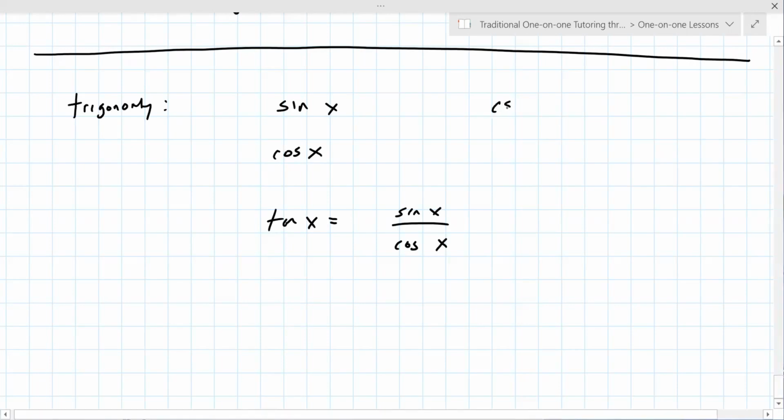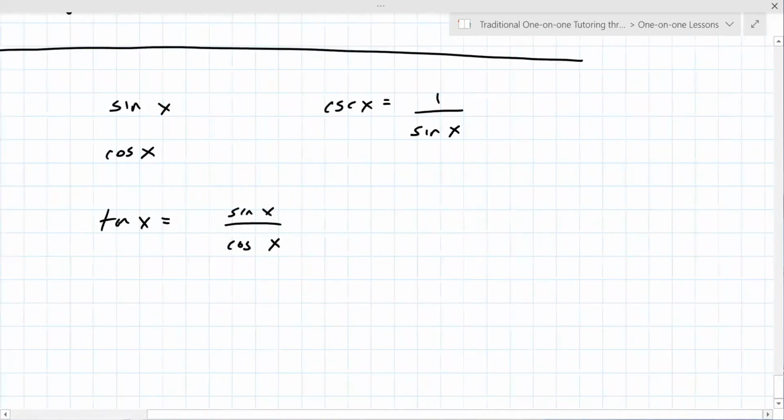Now, cosecant x is 1 over sine x. Do you see how it's the flip of that? So what would be 1 over cosecant x? Well, it's 1 over 1 over sine x.